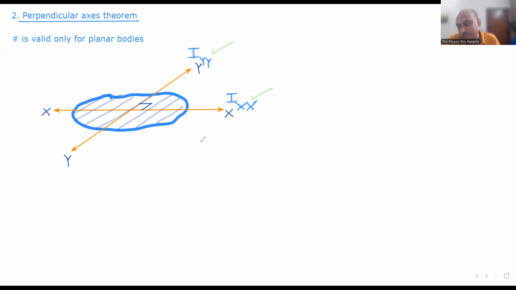Now, if you want to find the moment of inertia about an axis passing through the point of intersection of the x and y axes and perpendicular to them, IZZ will be equal to IXX plus IYY.